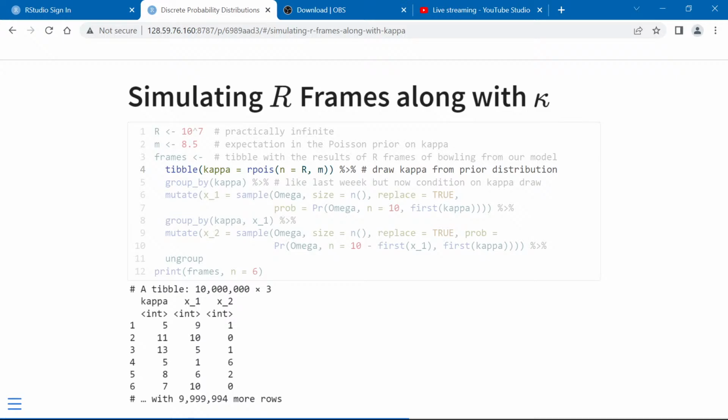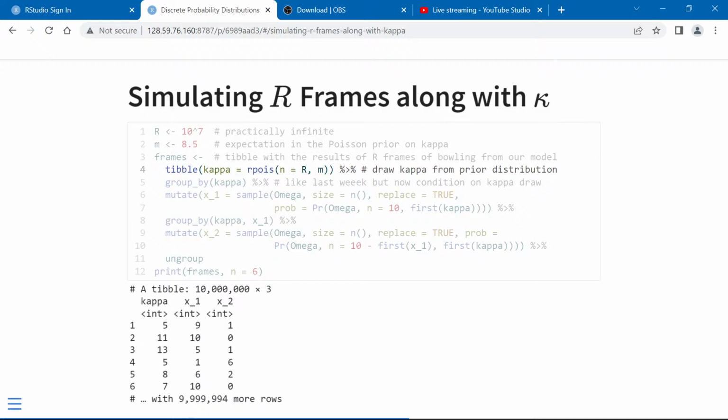If you want to use the function for random number generation, that's going to start with r. If you want to use the function to evaluate the PMF, that's going to start with d. So I'm using rpois to draw capital R times from a Poisson distribution whose expectation is M, M being 8.5, what I said up above. So we're going to draw kappa from our Poisson prior distribution. You could use a different value of M.